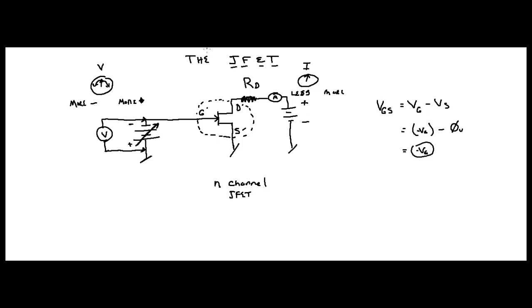Now, additionally, whenever you see a graph of these things, let's just draw a quick one right here. And this is going to be VDS. VDS is the voltage across your drain and source, okay?